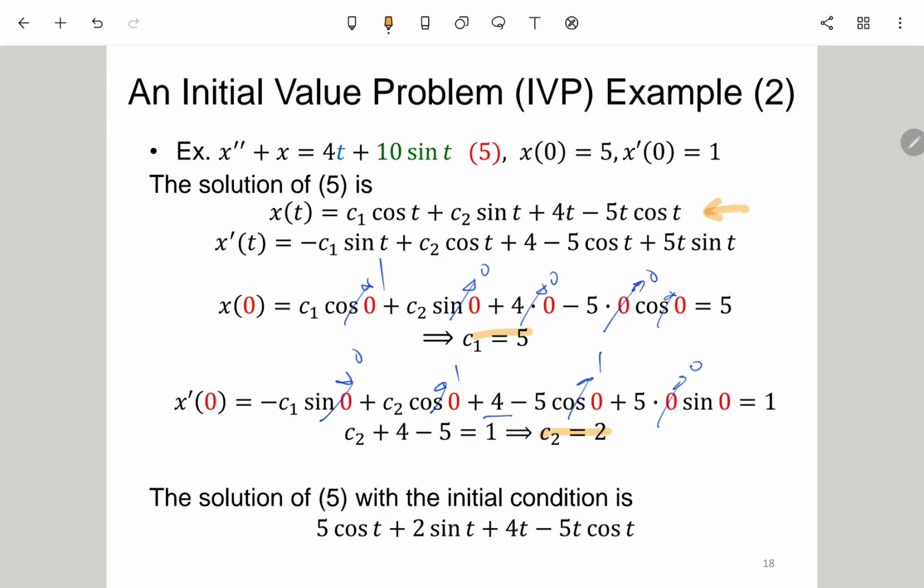So the complete solution x of t should be 5 cosine of t plus 2 sine of t plus 4t minus 5t cosine of t.